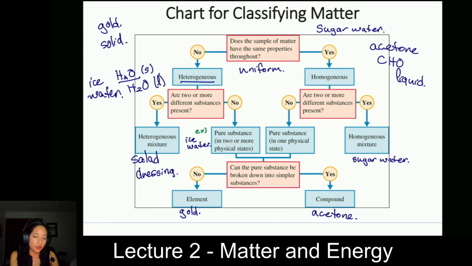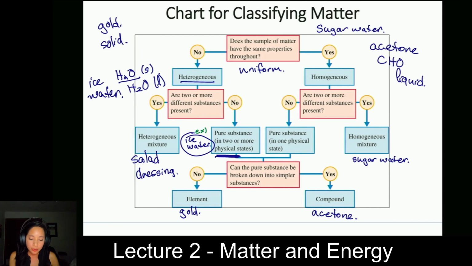It's just that there's two physical states, in this case a solid and a liquid, present at the same time. So ice water would be an example of a pure substance in two different phases at the same time. You could still have regular water in one phase. That's still a compound. But in this case, it's heterogeneous because there's two different phases present.